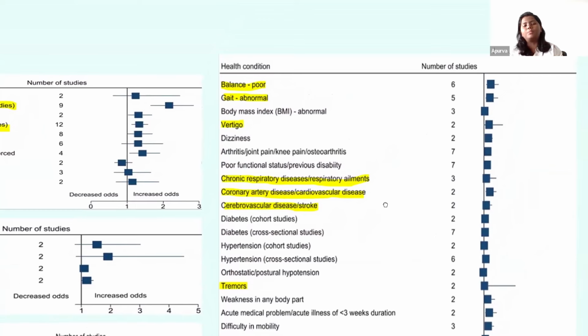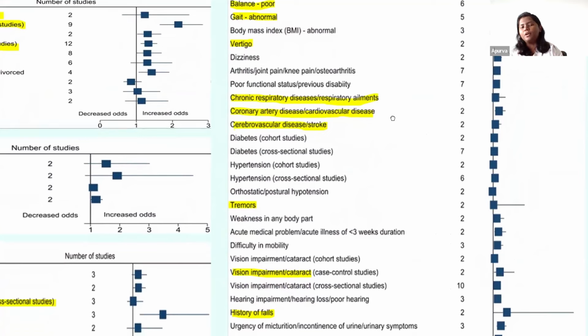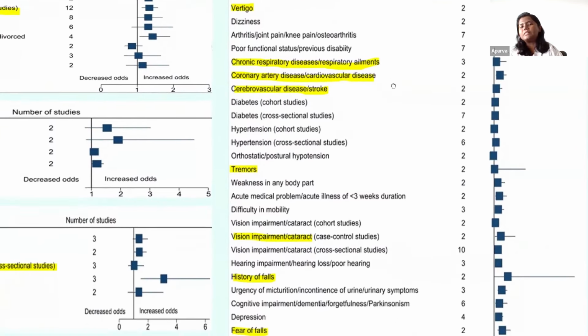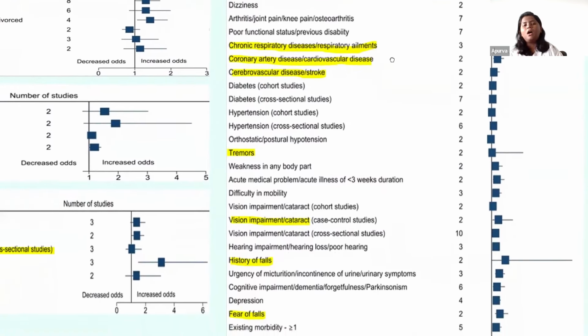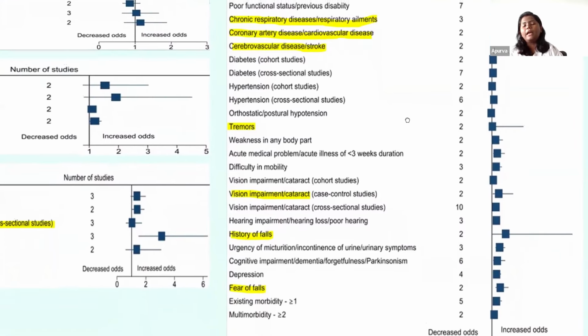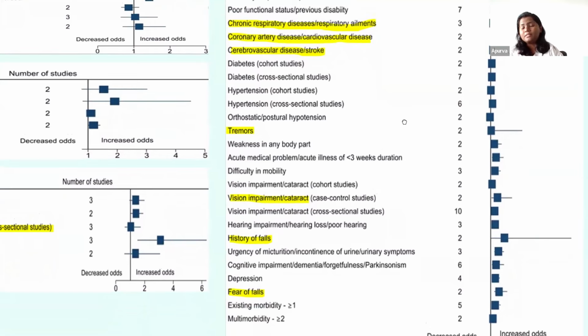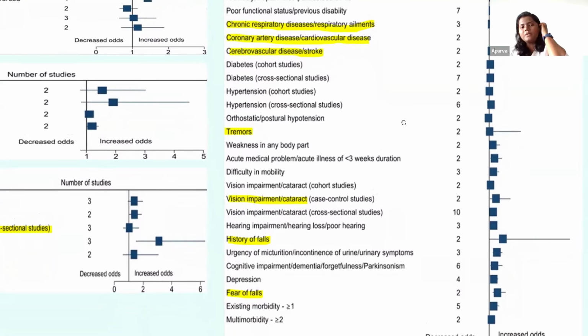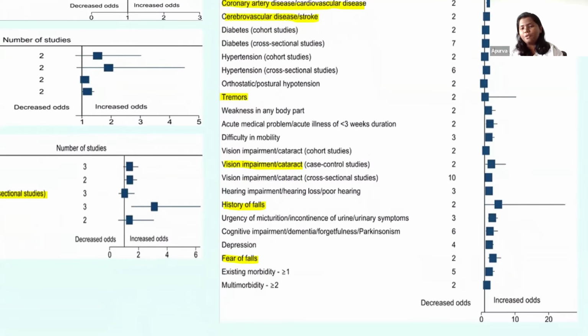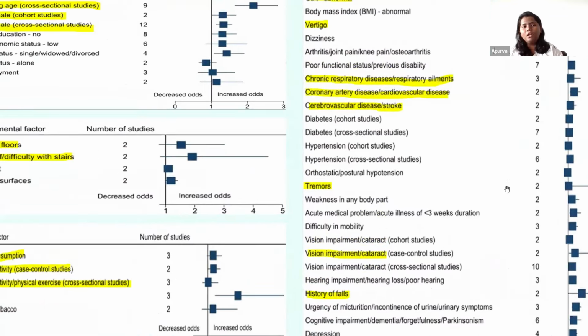One of them is poor balance and any gait abnormalities, history of vertigo, chronic respiratory ailments, any cardiovascular diseases, any CADs, coronary artery diseases, cerebrovascular diseases, history of tremors, visual impairments, a previous history of fall, and associated fear of fall, which increases the likelihood to fall.